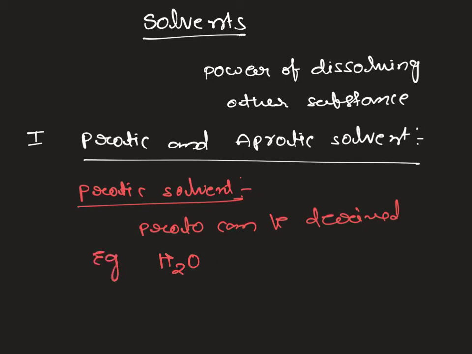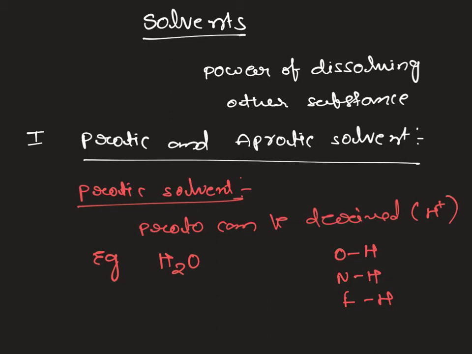So in which solvent can we derive a proton? Proton is nothing but H plus. The condition is that the proton always has to be attached to a highly electronegative atom like oxygen, nitrogen, or fluorine.